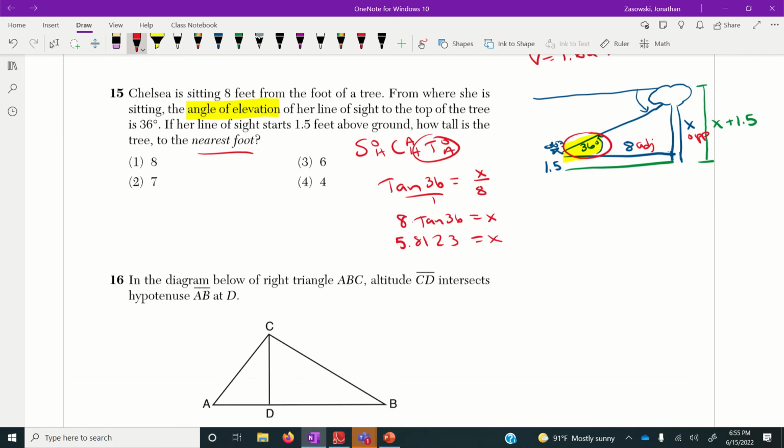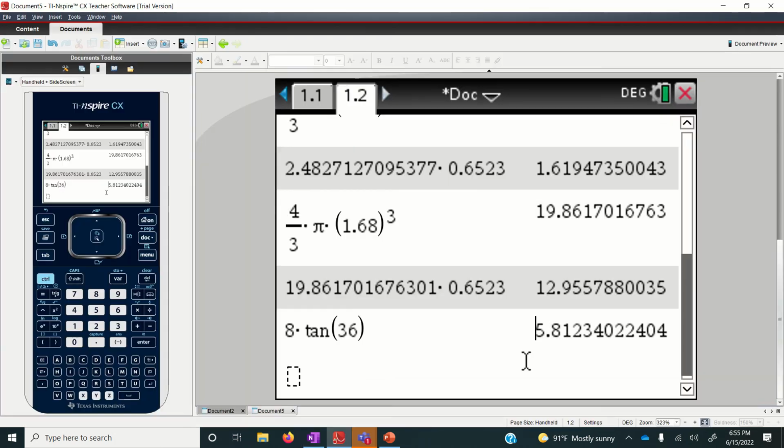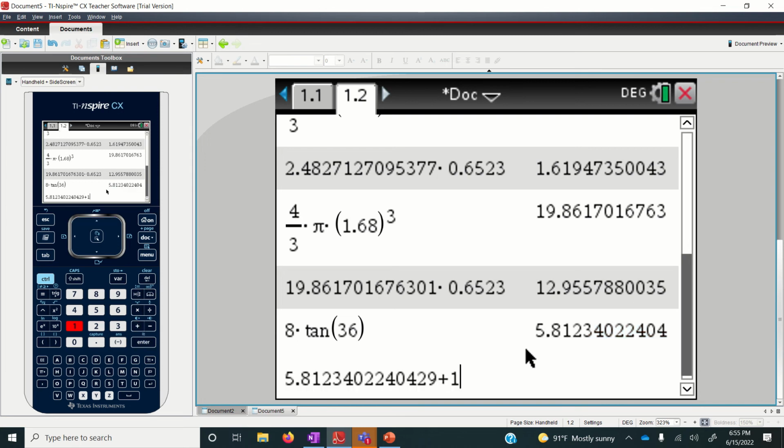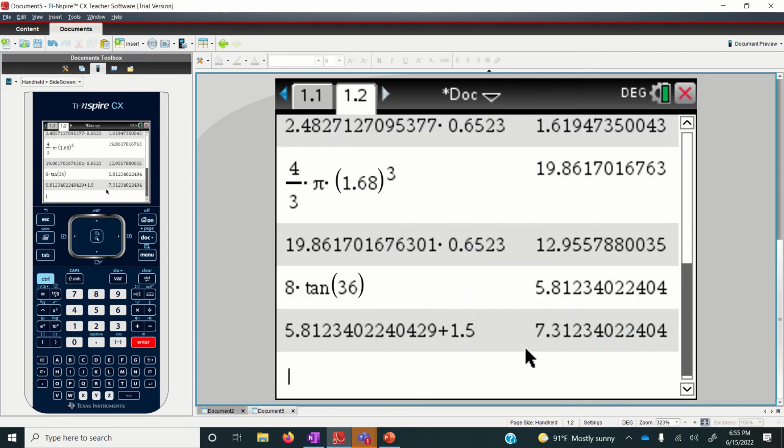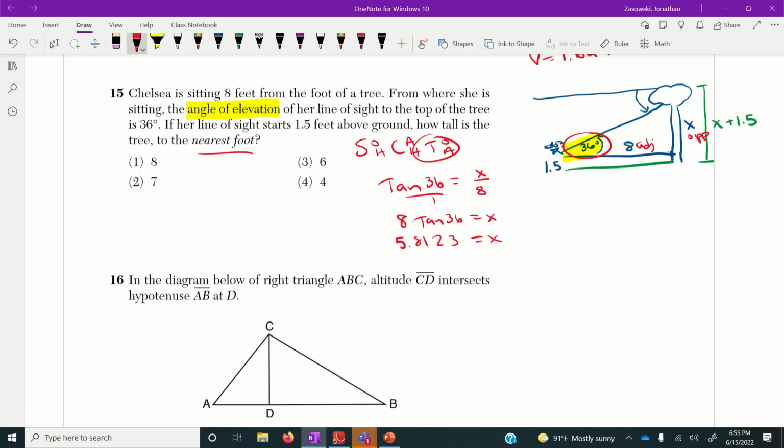Our answer needs to be x plus 1.5. So we have to add that answer plus 1.5, and then round that to the nearest foot, and that's going to be 7 feet, okay? So that is our answer. We'll write that down, by the way. So x plus 1.5 is equal to 7.3, and so that's 7.